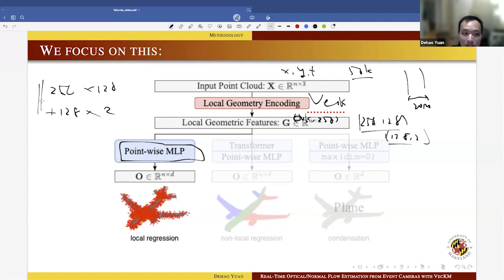This is per event, and then you would need to do this 50K times, because you have 50K events, and for each event you compute the multi-layer perceptron from 256 to 128, and then from 128 to 2.